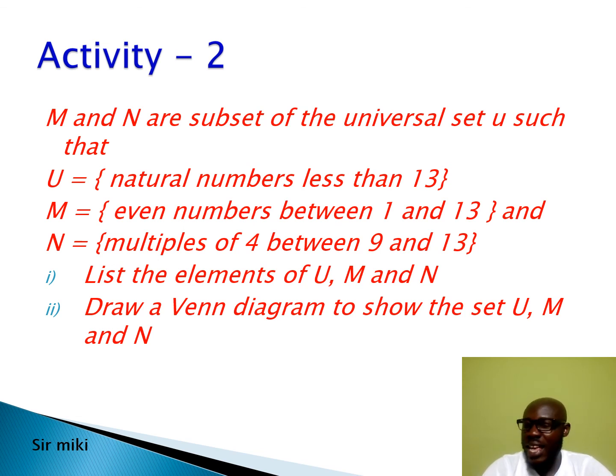We have to list the elements of U, M, and N. At the end of the day, we have to show this on a Venn diagram. Let's try to come out with the answer to this question.